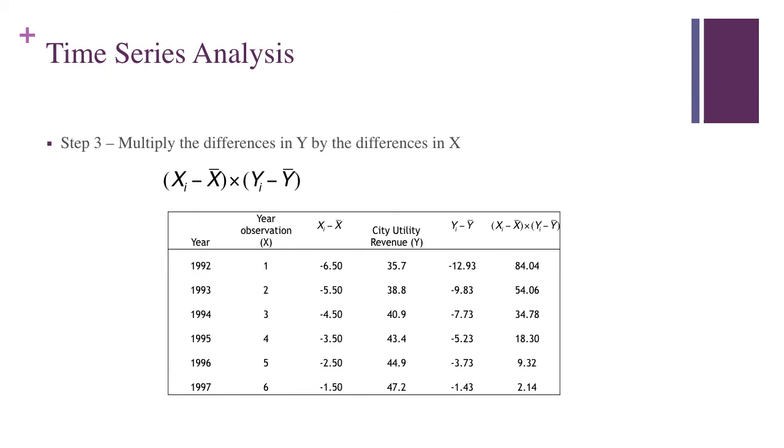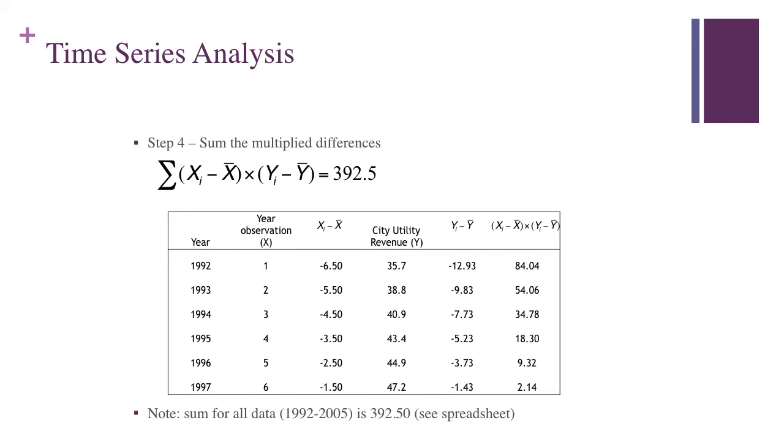Once you do that for all of your values, you then multiply the differences in Y by the differences in X, as you can see here: X sub i minus the mean of X times Y sub i minus the mean of Y.